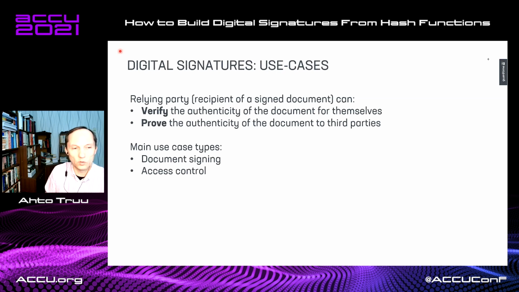The main use case types in IT systems are document signing, which is what I have been discussing mostly so far, and also access control. Access control means that I can sign with my private key a request to be granted access to some information system.